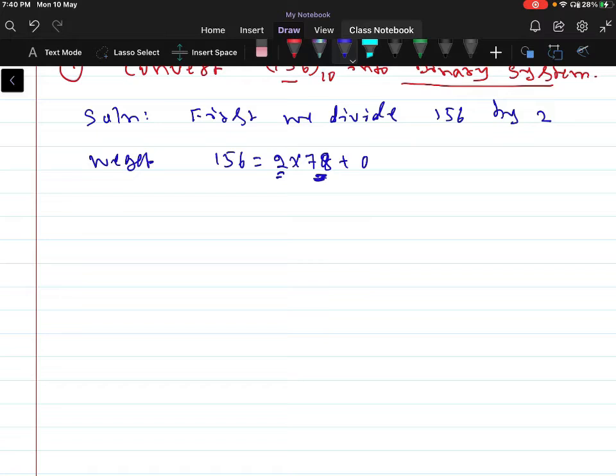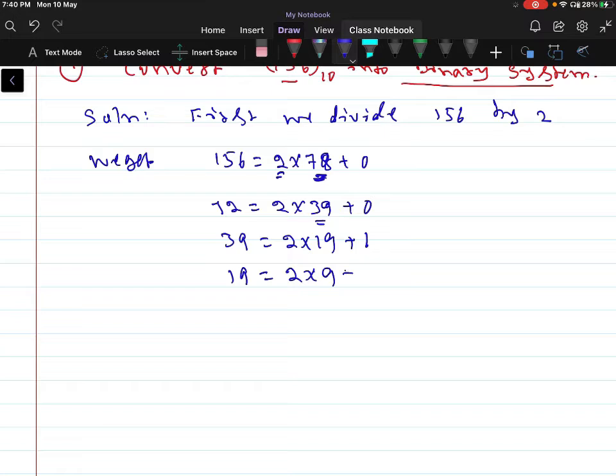Then we have 78 can be written as 2 into 39 plus 0. Let us divide the integer 39 by 2. 39 can be written as 2 into 19 plus 1. 19 can be written as 2 into 9 plus 1. 9 can be written as 2 into 4 plus 1.